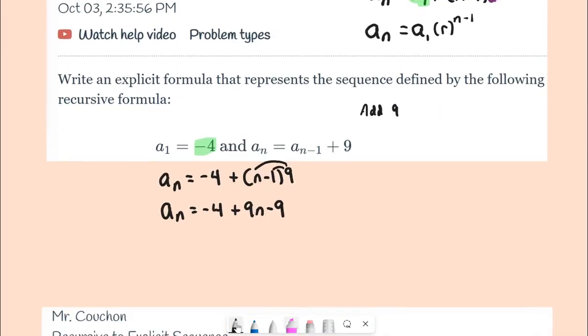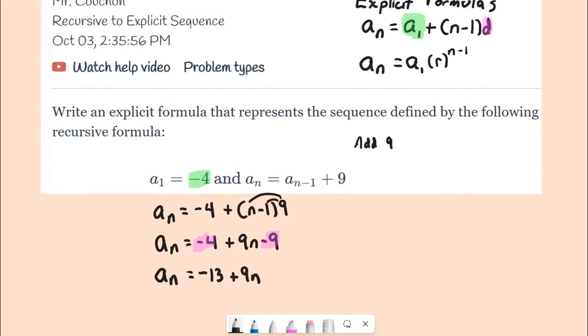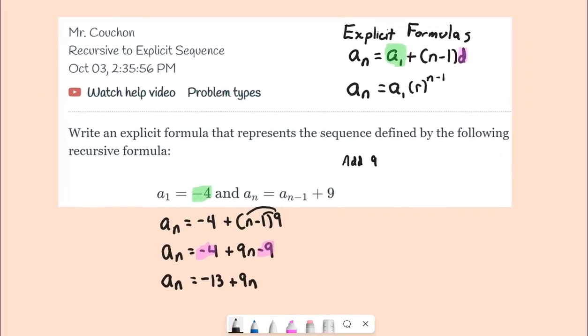And then we can combine our like terms here. We've got -4, -9. That can be combined into -13 plus 9n. And that is our explicit sequence.